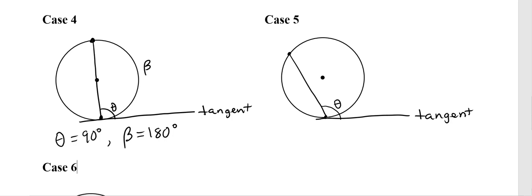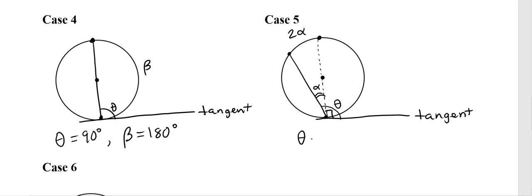To do that, I'll draw a diameter again through the point of tangency, like that, and I'll notice that I've got another right angle here. Well, let's call this angle alpha. That's a regular inscribed angle made from 2 chords. So from our earlier cases, we know that the arc it intercepts is 2 alpha.